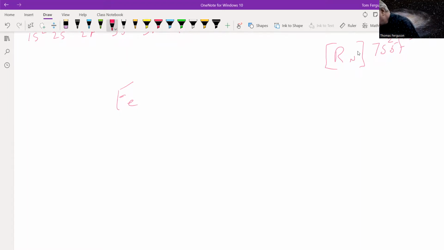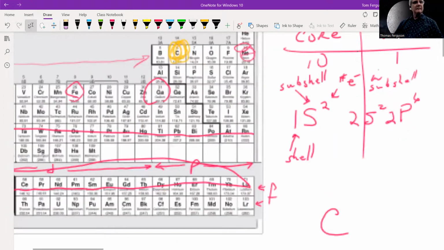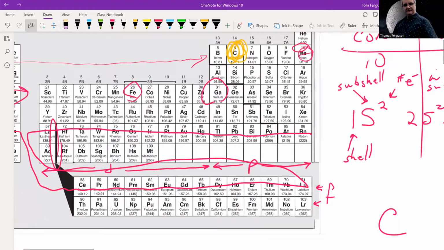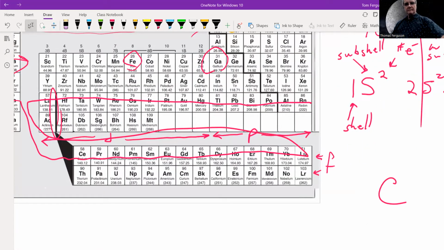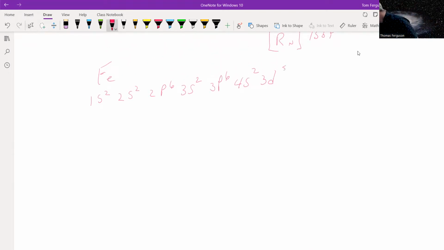Okay, and how far in is iron? Iron is 5N. Okay, so that's the electronic configuration for iron. And what's the closest noble gas to iron?